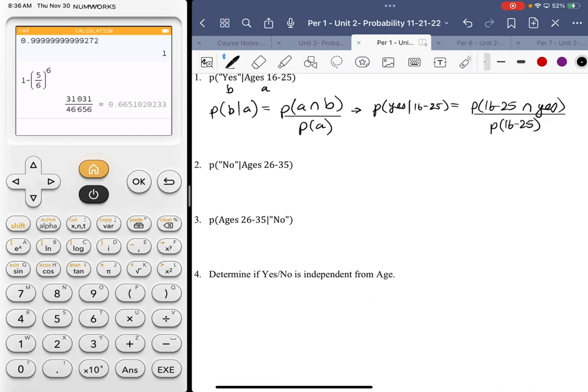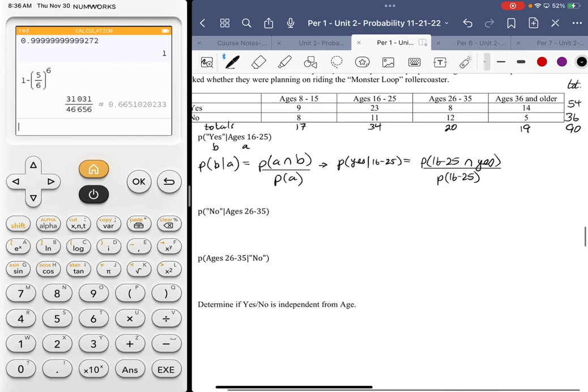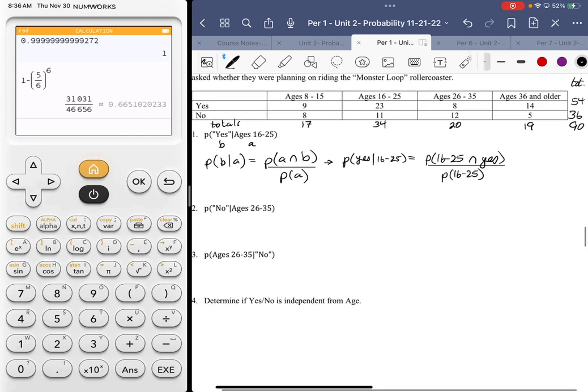All right. So going to the table, I would say the setup is probably the more challenging part of this, because when you go to the table, it's pretty easy to pick this stuff out. 16 to 25 and yes, that would be this value here. That's the one that's the intersection. That's the one that coincides for the yes group and the 16 to 25 group.